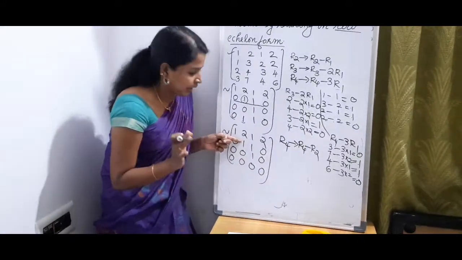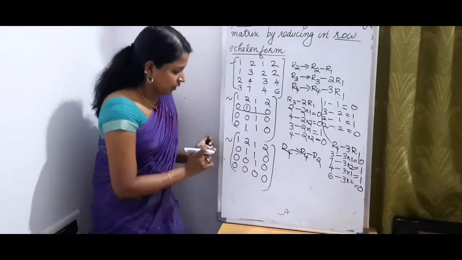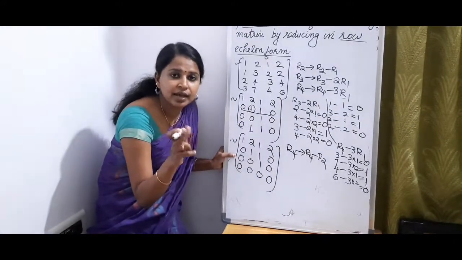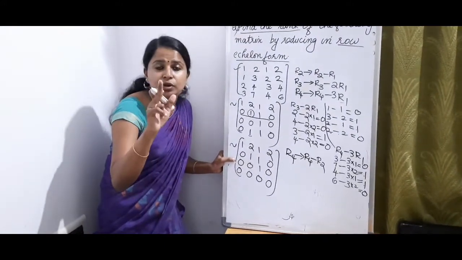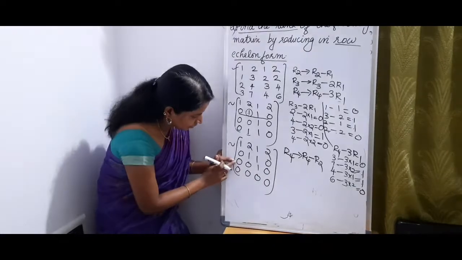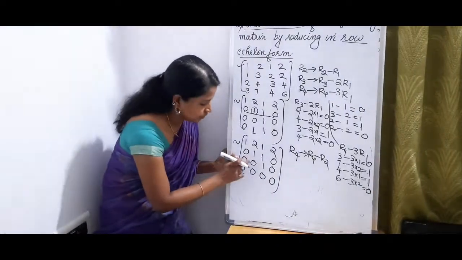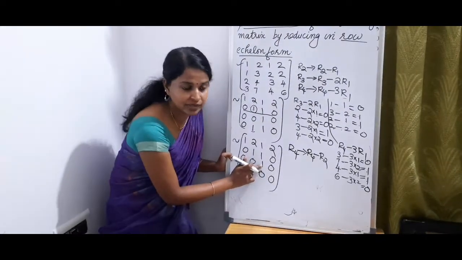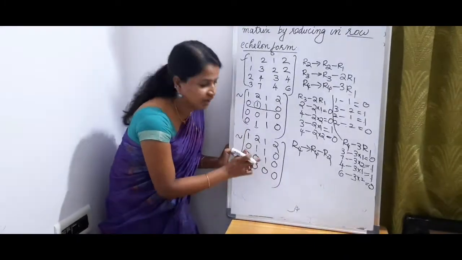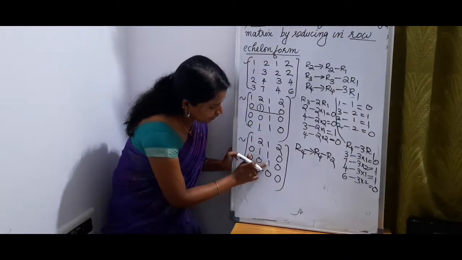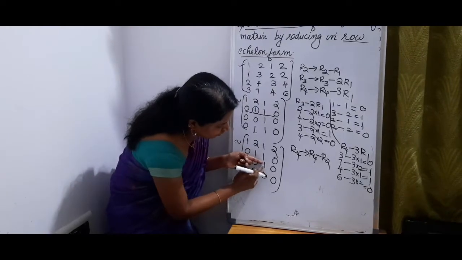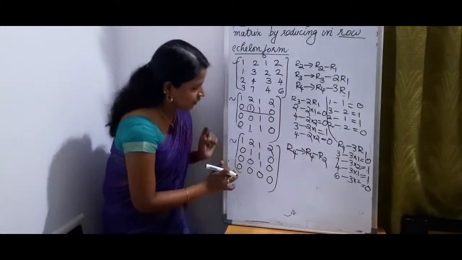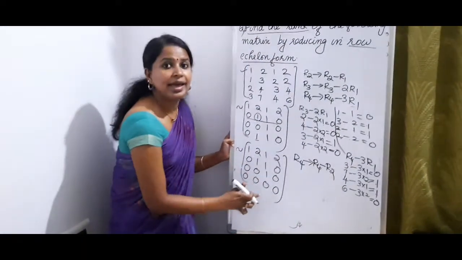Then we consider the third row. The first non-zero element has to be 1; here the first element is 0, and here 1 is the first non-zero element. Below this one, only one place, is already 0. So this is the echelon form.